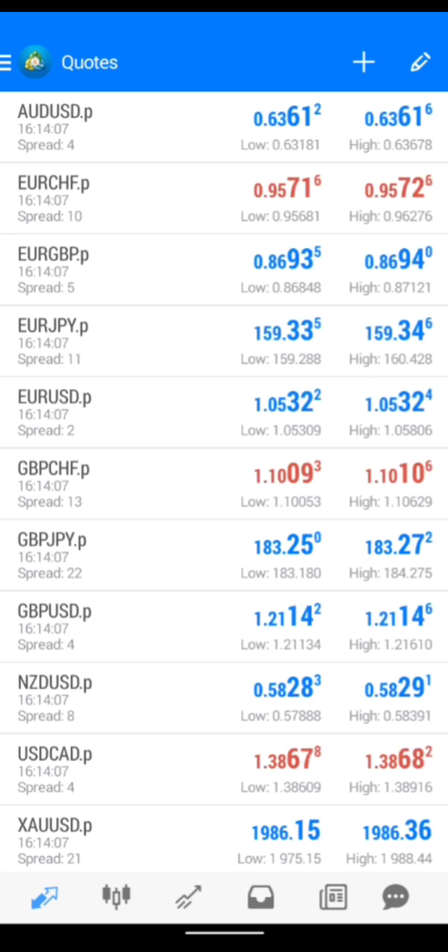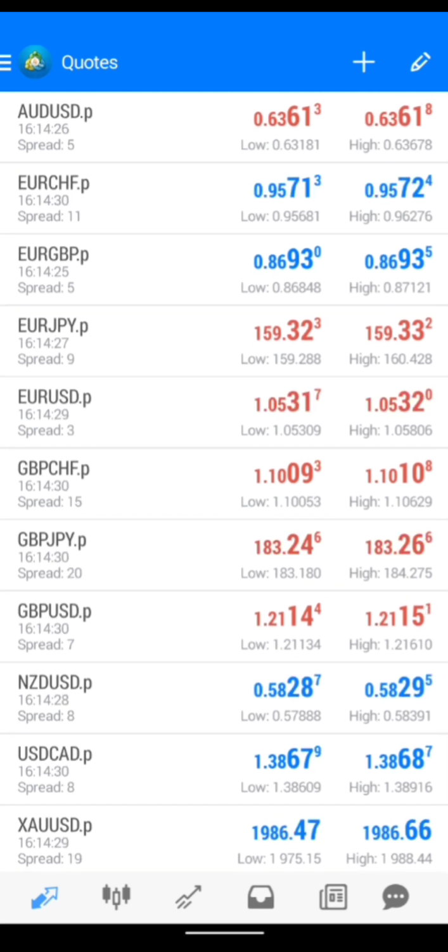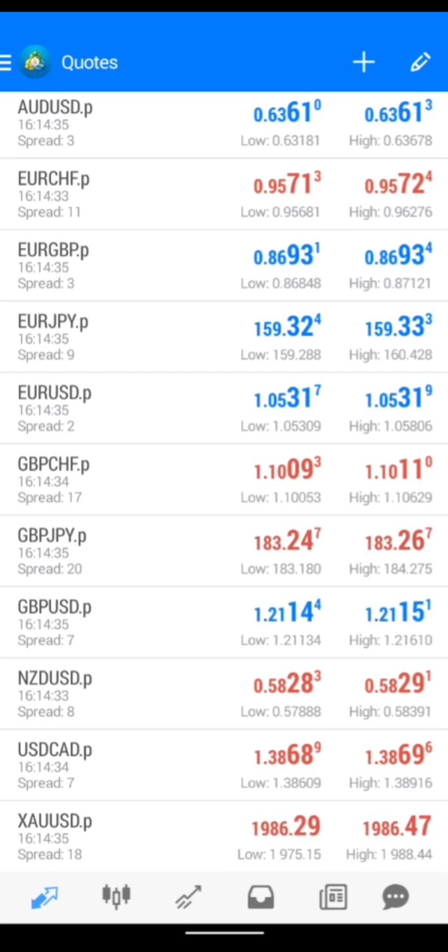Our focus will mainly be on the big currencies from the big economies: the US dollar, the euro for the eurozone, the Great British pound for Britain, that is GBP, Japanese yen, New Zealand dollar, Canadian dollar, Swiss franc. I think those are the majors. They're eight: the Australian dollar, US dollar, euro, Swiss franc, Great Britain pound, Japanese yen, New Zealand dollar, and Canadian dollar.